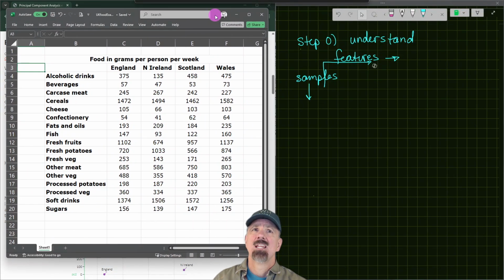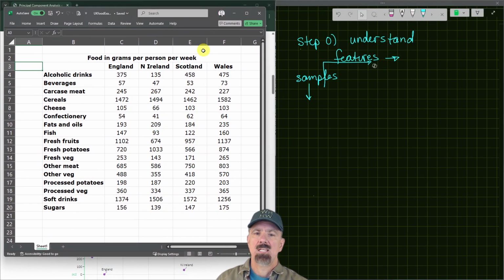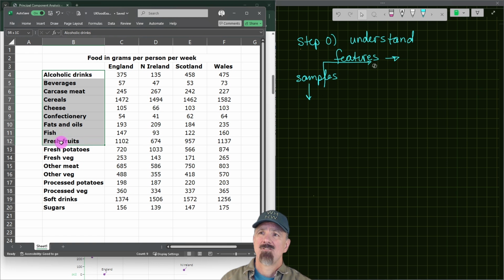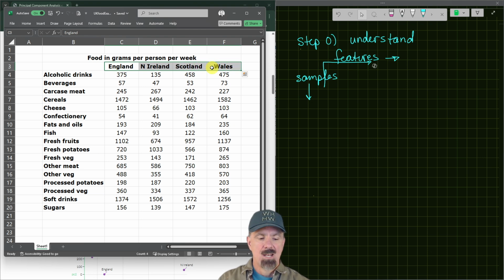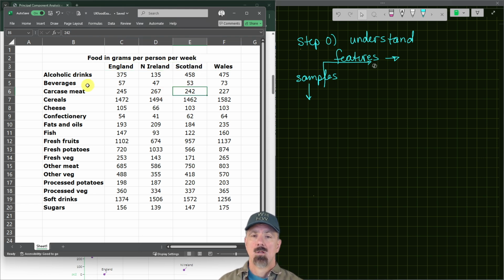So I've recreated the data here. It's a little bit easier to read. These are several different items where they have gathered data for 4 different countries. And in order for us to figure out what the features are, we need to think, what are the samples? What are the experiments? What are the observations?